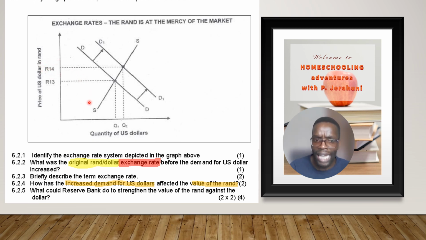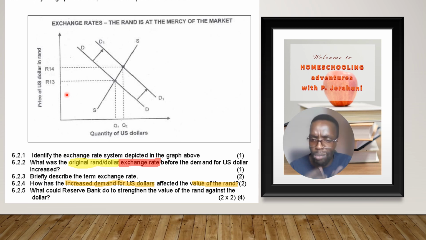So what has it done? It now means that I need more South African rands to be able to get the same unit of a US dollar. So what it has done is it has depreciated the value of the rand. Why has it depreciated? Because now I need more rands to get the same unit of the US dollar.